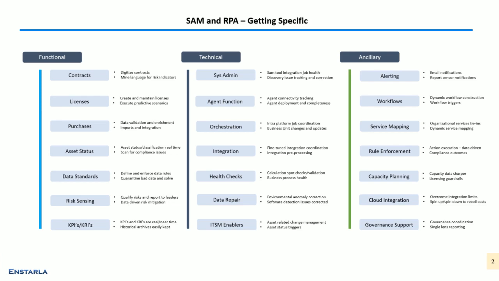I'll also call out service mapping and capacity planning over the right-hand side of the screen. So service mapping, we can talk about organizational services tie-ins, dynamic service mapping. So really being able to make sure that we're assigning the right groups to the right assets. Now, this is a huge problem, especially when you get into a situation where laptops are being re-imaged, right?